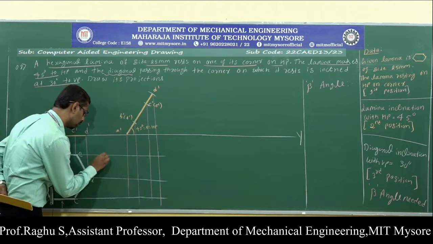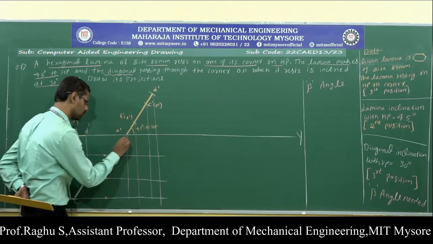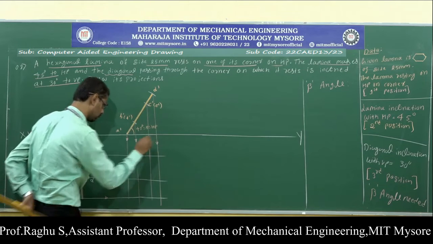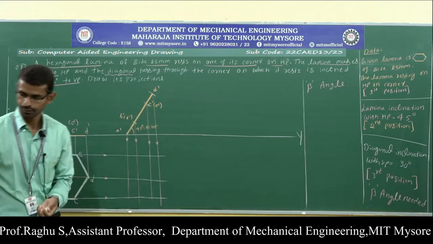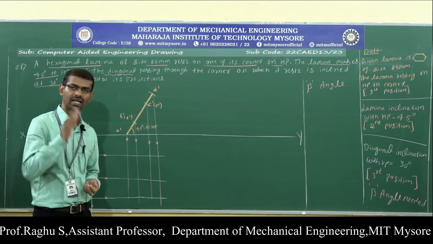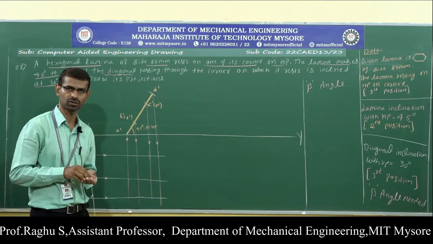We can indicate the arrow marks. Next, do the naming by considering the intersection points of horizontal projections and vertical projections.